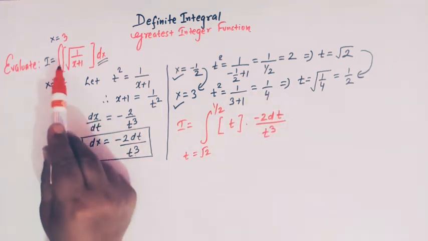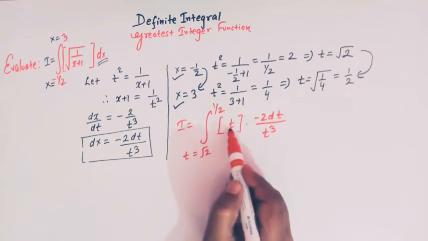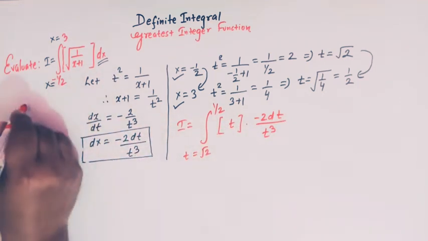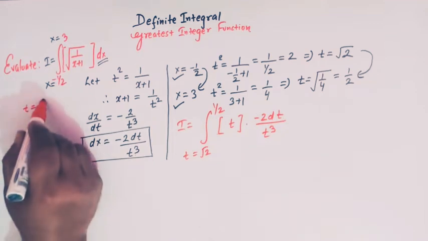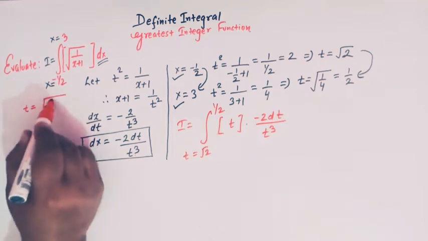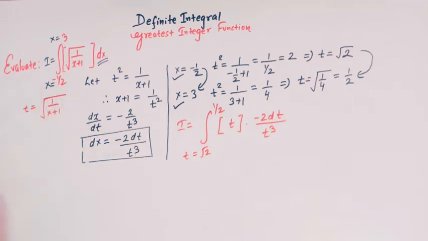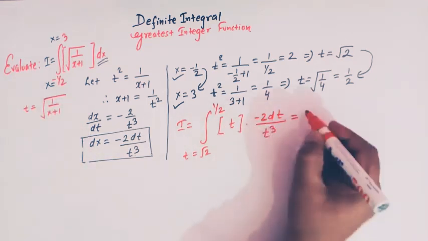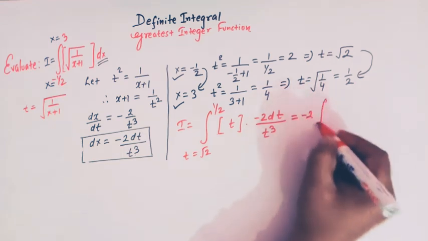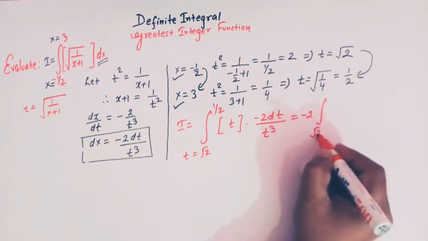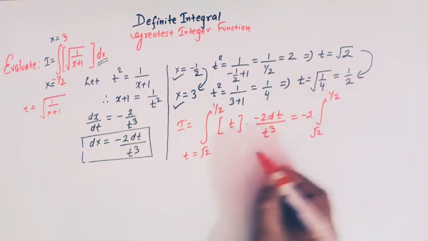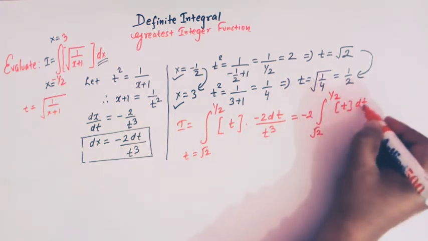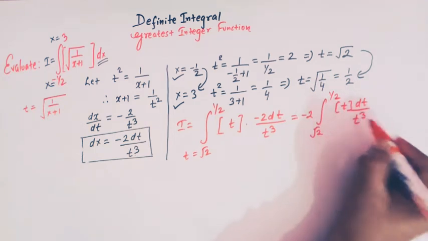This notation represents the greatest integer, and from this expression we have t is equal to square root of 1 over x plus 1. So now we can rewrite this integral as minus 2 times the integral from square root of 2 to half of greatest integer t dt over t cube.